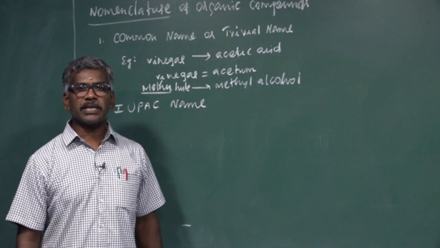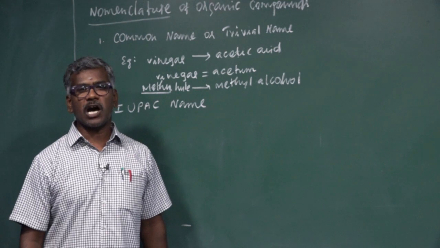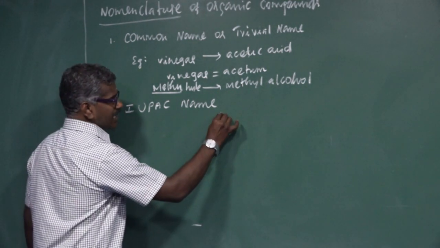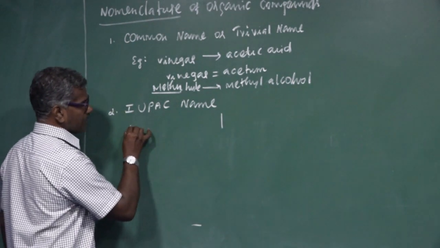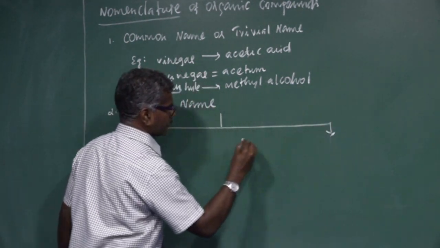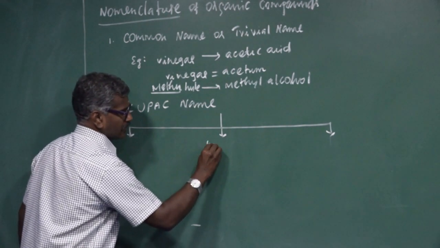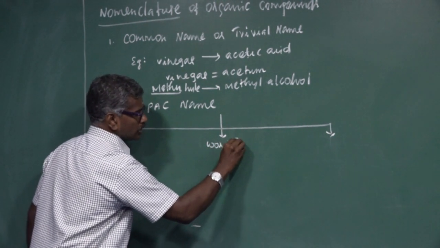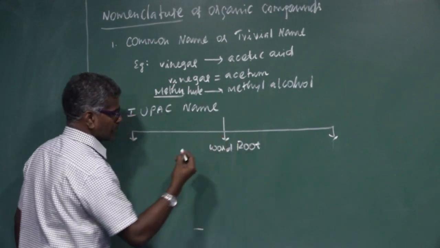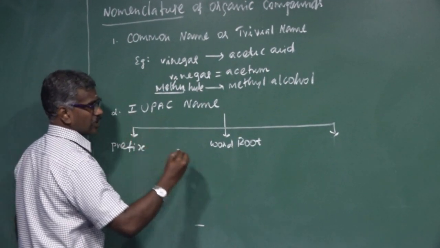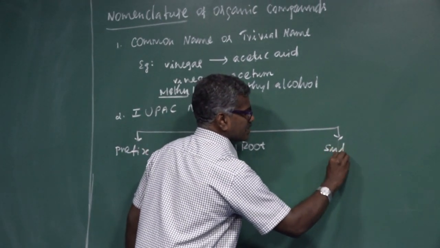Another one, IUPAC name. IUPAC name is a systematic method of naming organic compounds. This can be classified into different parts. First one, word root. Another one, prefix. Next one, suffix.